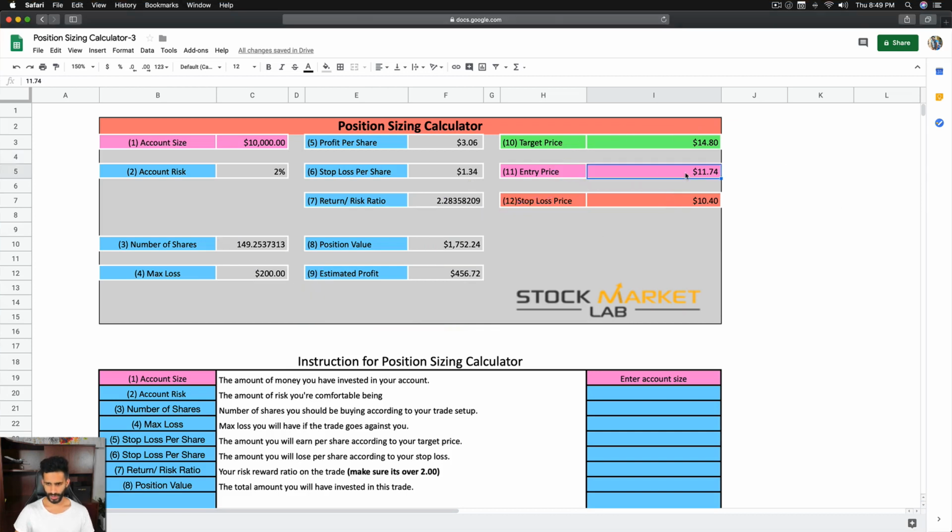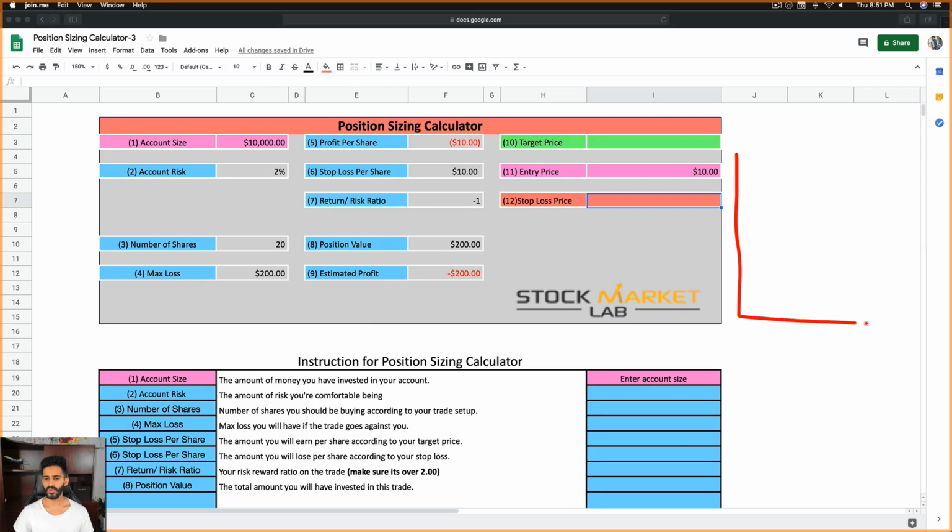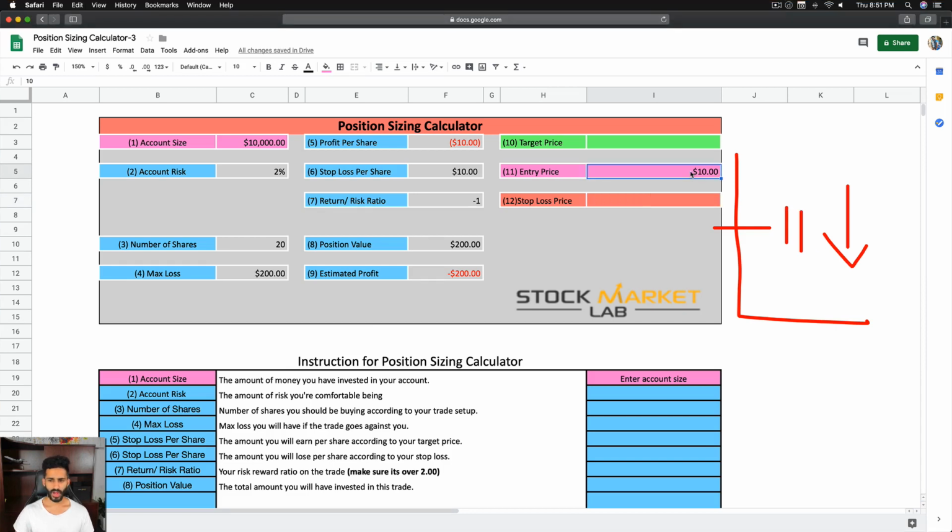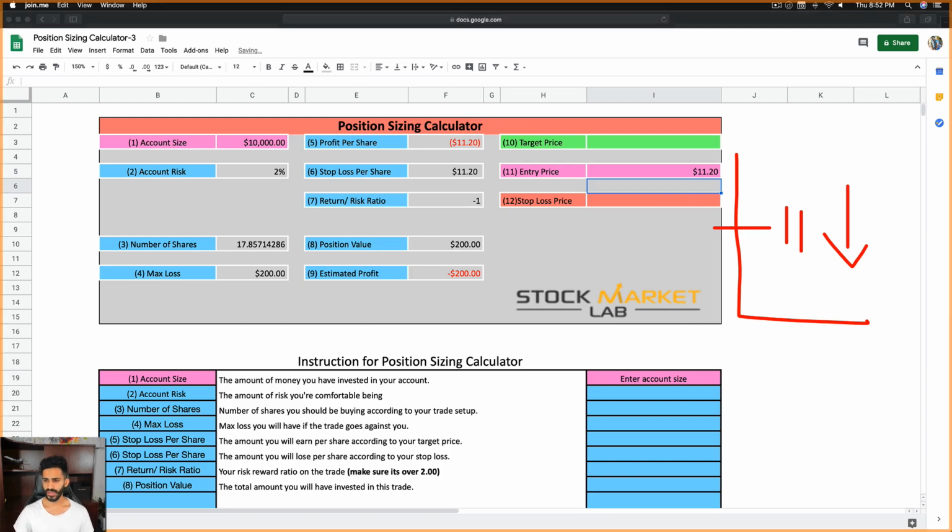Now let's say we're shorting. For shorting a stock, once again, we're anticipating that the stock's price is gonna go down. So let's say the stock is at 11. So we wanna short at 11. Our entry point is at 11.20. If our entry point is at 11.20, let's say our stop loss is, for argument's sake, at 13, and our profit target is, let's say, at 5.